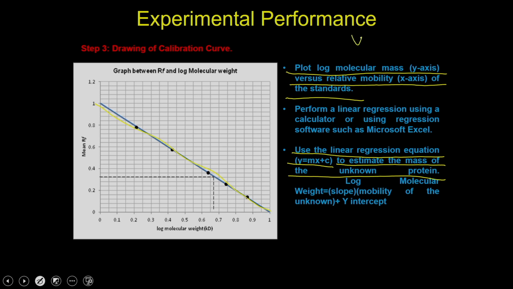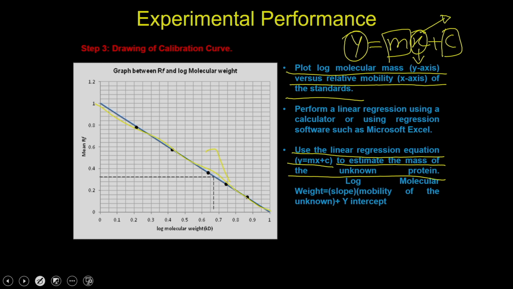So, for example, in the equation y equals mx plus c, the x value is what you require. If you know the y value, you can determine the x value, because all others are constant, and m you can also calculate from this graph, and as a result you will be able to determine the protein.